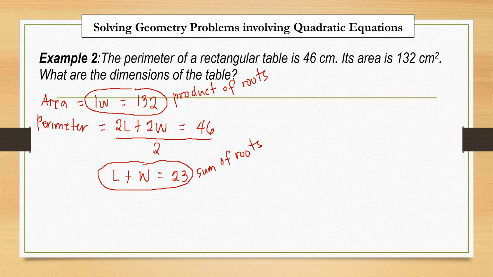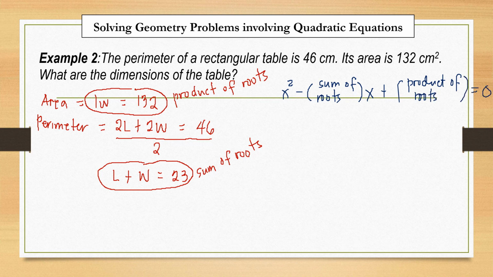We know that if the sum and the product of the roots of a quadratic equation are given, we can determine the quadratic equation, which is given by the formula x squared minus the sum of roots x plus the product of roots is equal to 0.